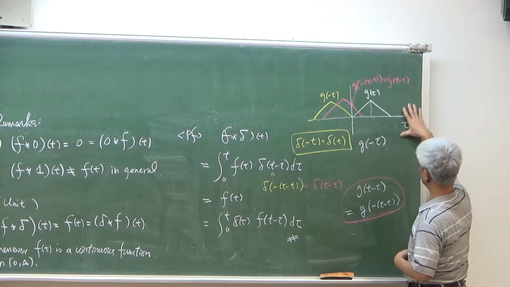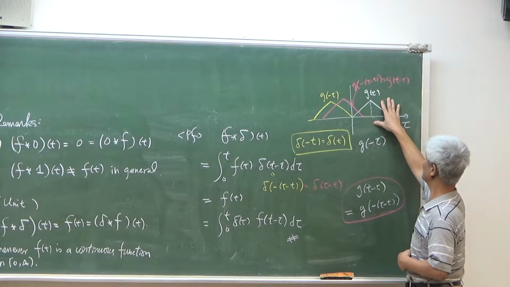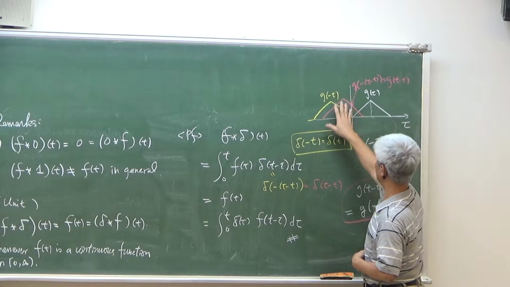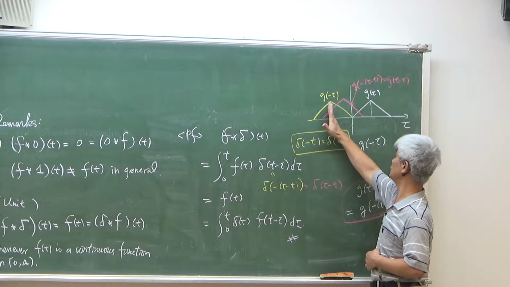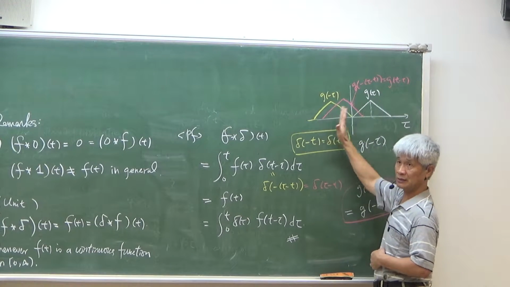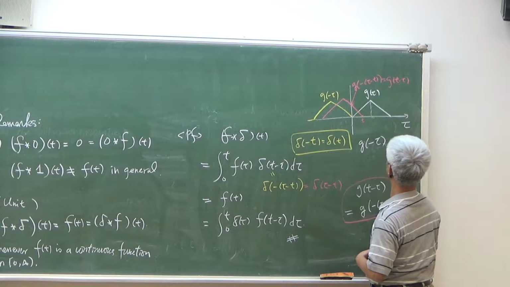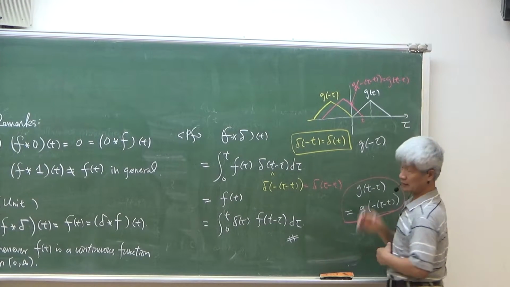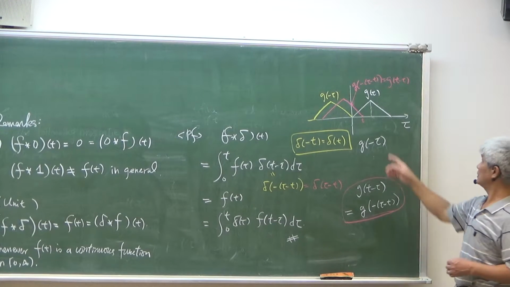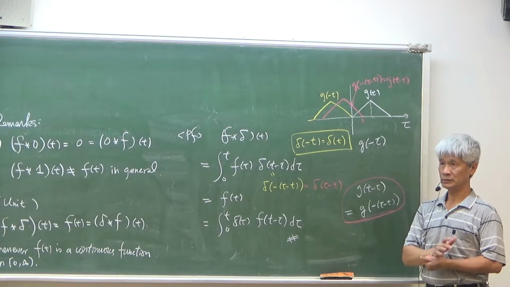So originally, if you had g of tau like this one in white color, then g of minus tau is this one in yellow color, and then you shift by t, right here. So this is t here. You right shift, and so this is g of t minus tau. This is the way I described for you.